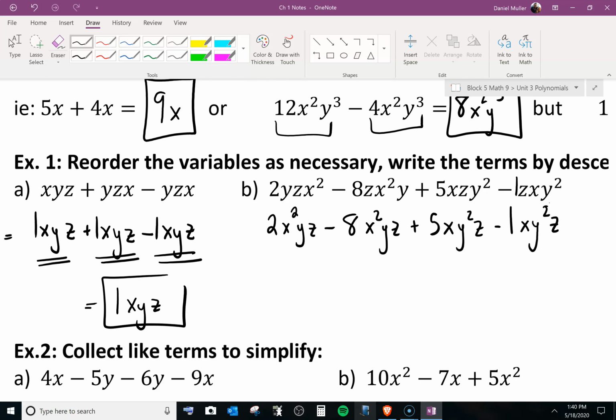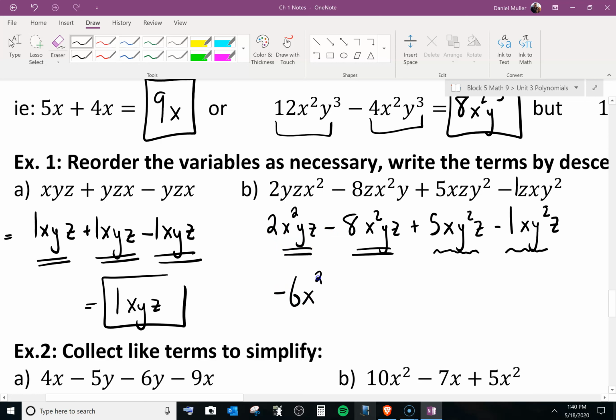And then I have to write down, and I like to usually indicate to whoever's reading this which ones are alike. So x squared yz is the same as this, x squared yz. Now this one is x y squared z, but it matches this x y squared z. So these ones are alike. So I can take these. 2 minus 8 is a negative 6.